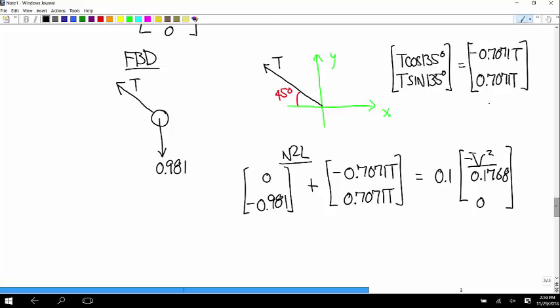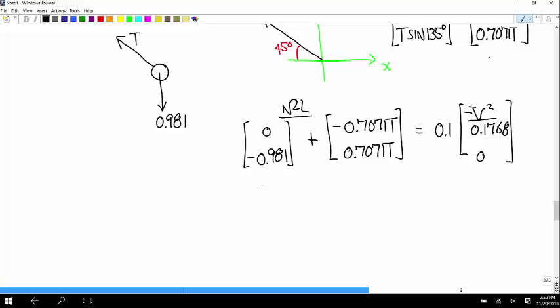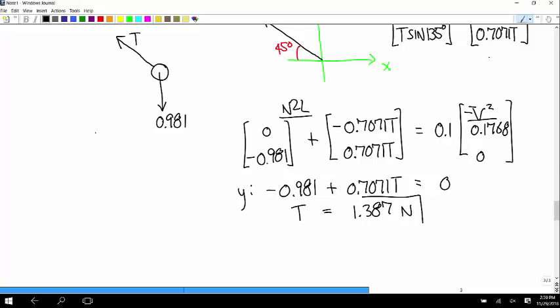And now solving it, we'll go through just the same order we did before. The y equation says negative 0.981 plus 0.7071 t is equal to 0. And tell me what that is again, the tension value. 1.387 newtons, so that's our first answer.